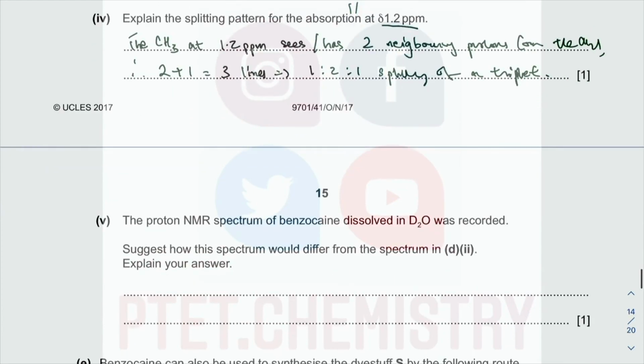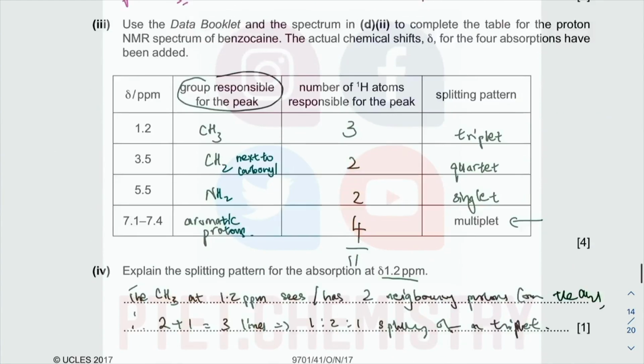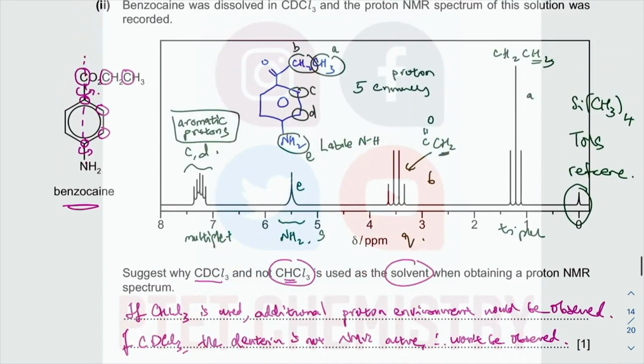Alright. So when you dissolve in D2O, that will get rid of the labile proton. Typically you always think of OH, but don't forget that a labile proton can also be NH. And in benzocaine, as I mentioned earlier, you have a labile proton with the NH.